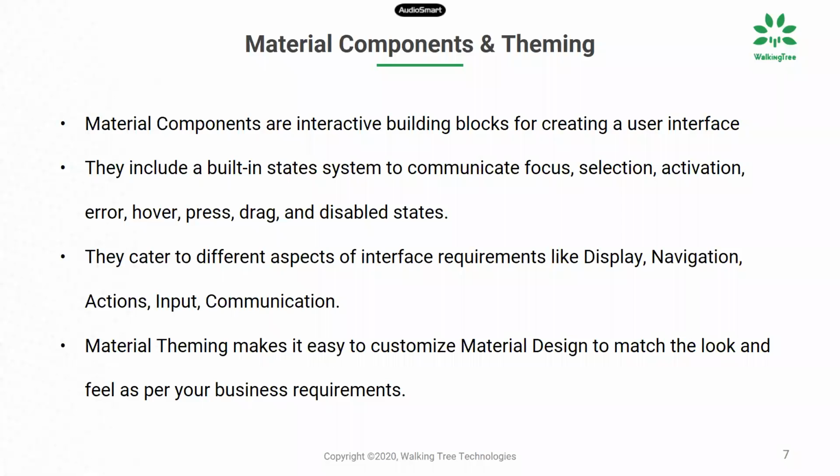Like if a component is having focus, you're selecting it, activating it. So if it's active, if there's an error, if you're hovering on it, if a button is pressed, if a button is disabled. So the different states are clearly defined, and you have a total control on how you want to use it.